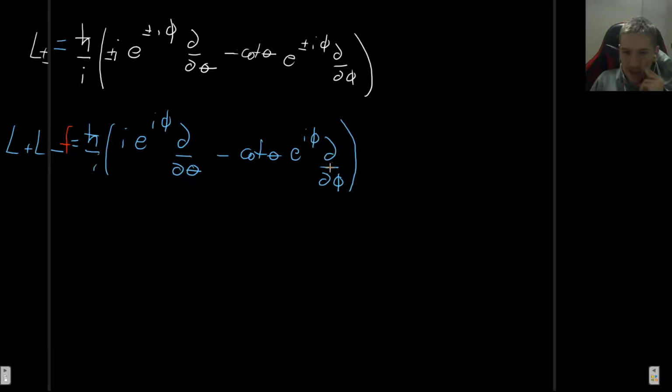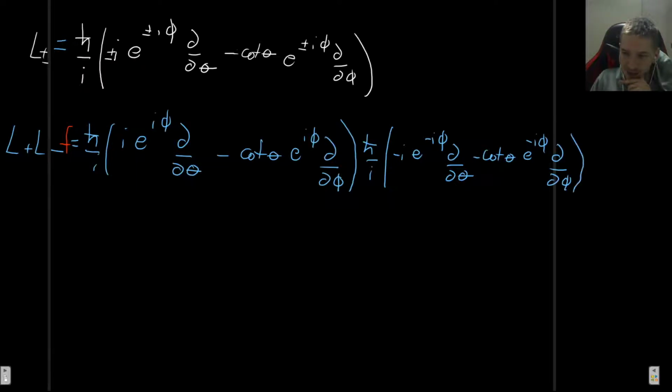Okay, now let's write down L minus. This is going to be h bar over i, let me leave it outside of the parentheses. And then we have negative i e to the negative i phi d theta minus cotangent of theta e to the minus i phi d phi, and all of this acting on f. Okay, so far so good.